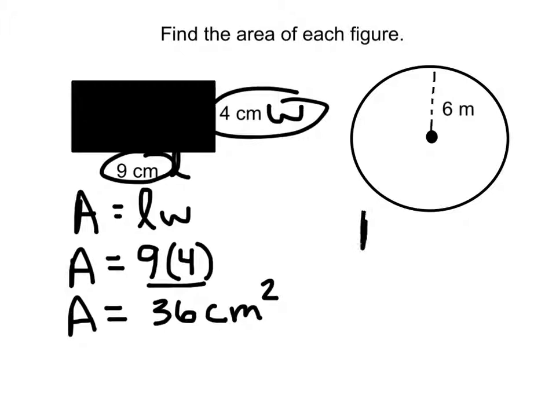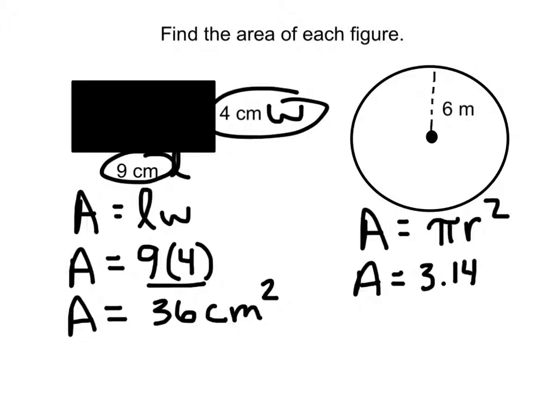This figure is a circle, so I'm going to say area equals pi r squared. Area equals pi, we're going to use 3.14 for pi, times the radius is 6 to the second. Now by the order of operation, we are going to do the exponent first.